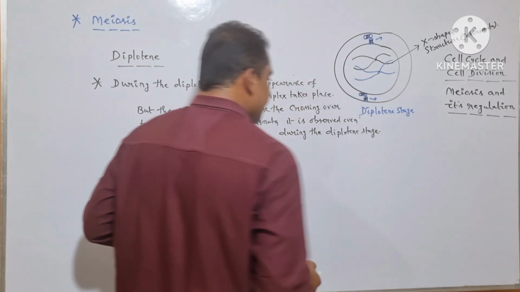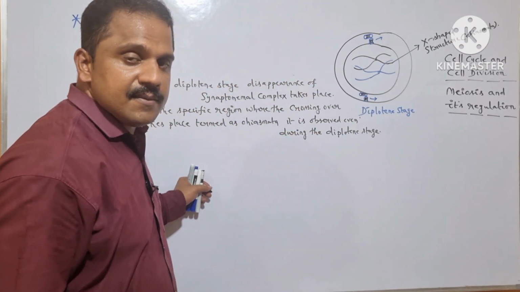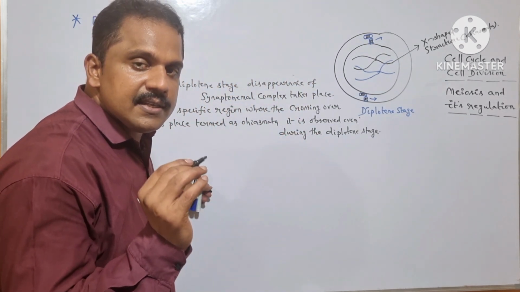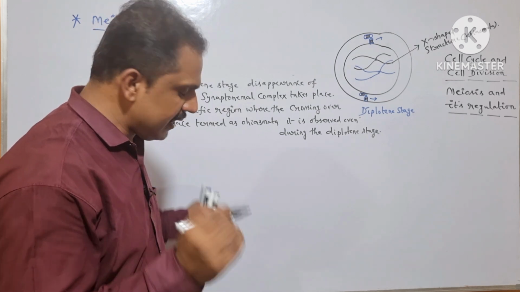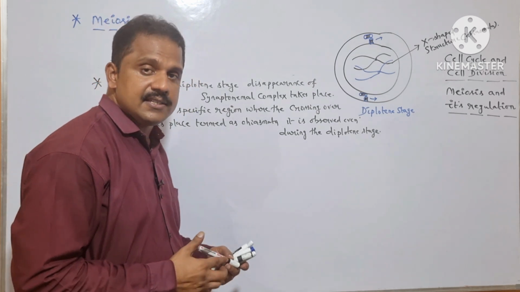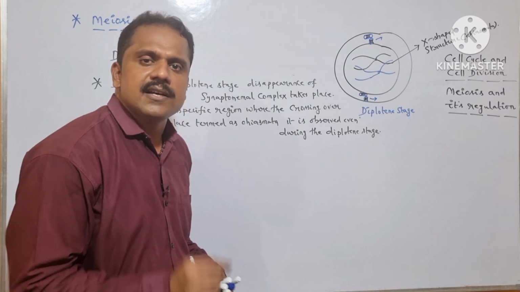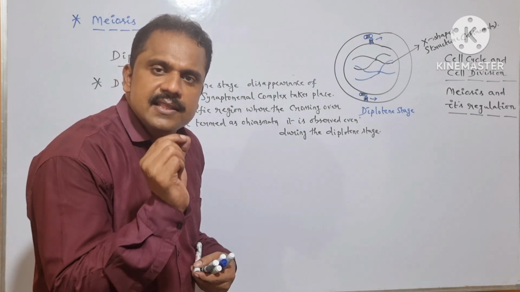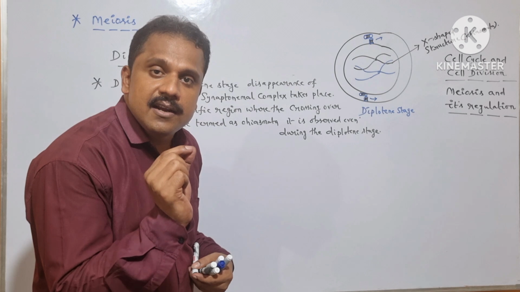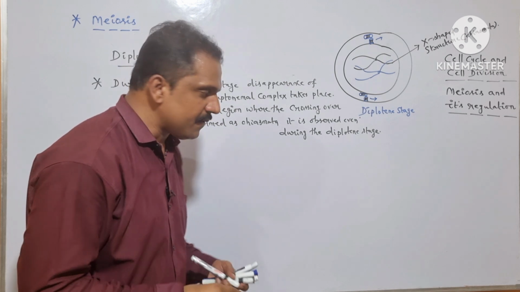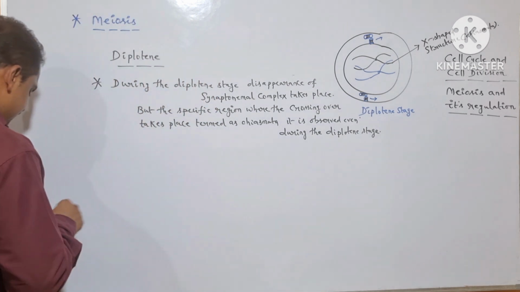In the majority of living organisms, the diplotene stage does not last long. In certain living organisms like yeast, and even in the oocytes of vertebrates, the diplotene stage lasts for 1 month. So let me write it here.